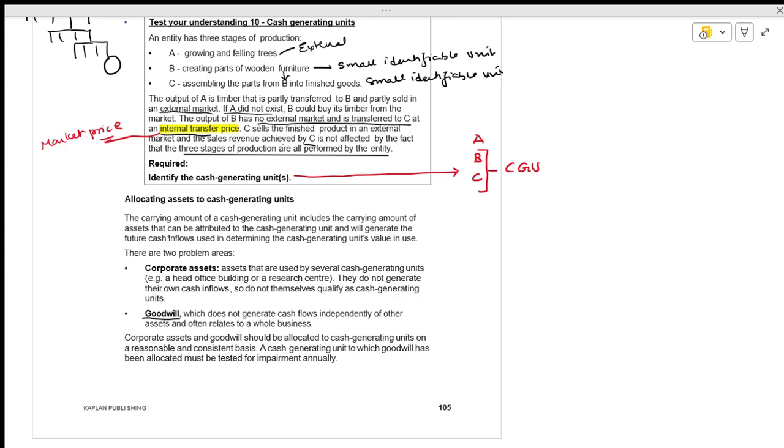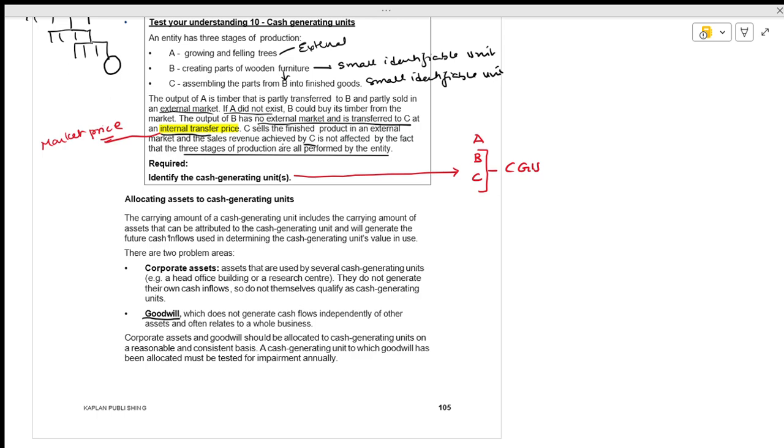Why is it affecting goodwill? It will not generate cash flow independently. Goodwill in collaboration with the tangible assets will generate cash flows. We cannot say that goodwill is a cash generating unit as such.